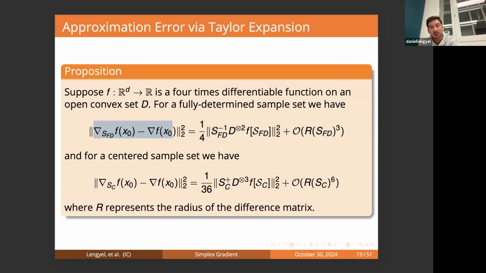What we can then do is we substitute. So here we get the second order derivative when we use the fully determined sample set. And when we use the centered sample set, we get third order derivatives. Here, we see that the order of our error is cubic in the first term and to the 6th in the second term.